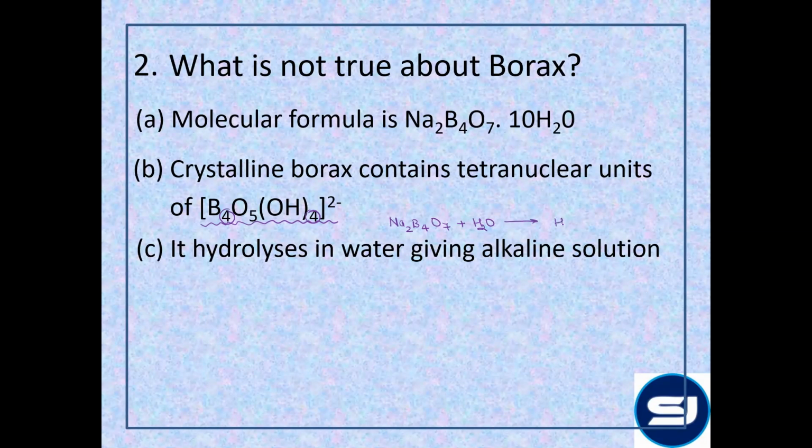You get the boron-related acid, H3BO3, and the sodium-related base, NaOH. Now this is a solution of a weak acid and a strong base, due to which this solution would be alkaline.